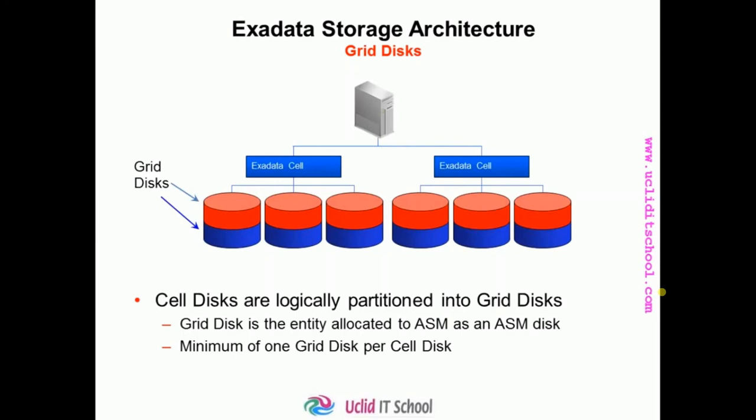Or suppose you are going to create 4 ASM disk groups. Then on every cell disk, you will create 4 grid disks. So ultimately it is driven by how many ASM disk groups you are going to create at the storage level.